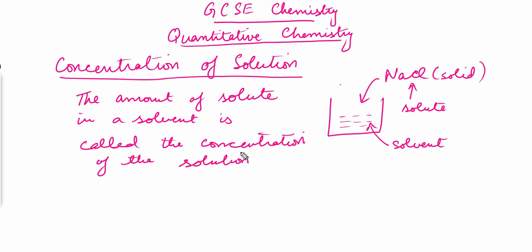If you have more solute in a given quantity of solvent, then the concentration of the solution is higher. If you have less solute in a given quantity of solvent, then the concentration will be lesser.